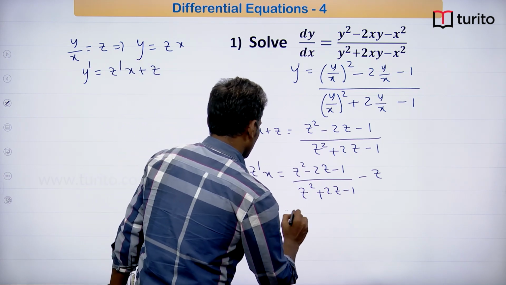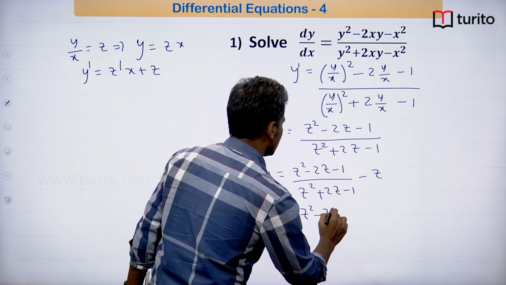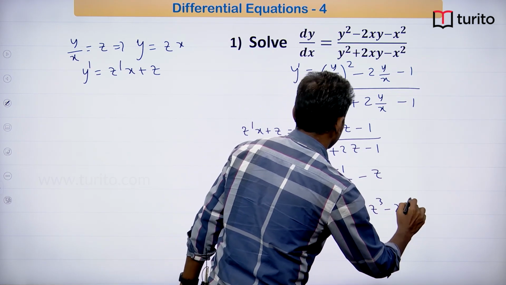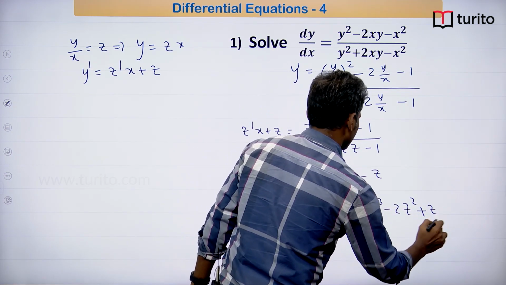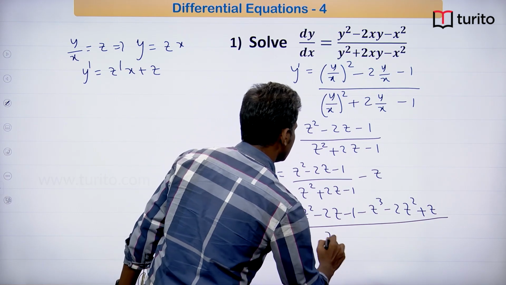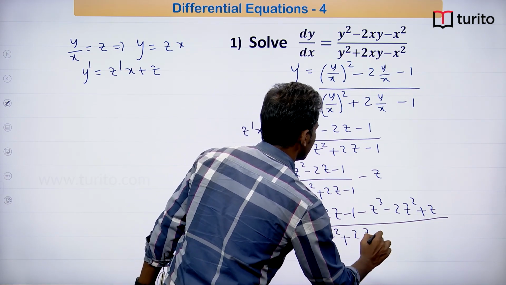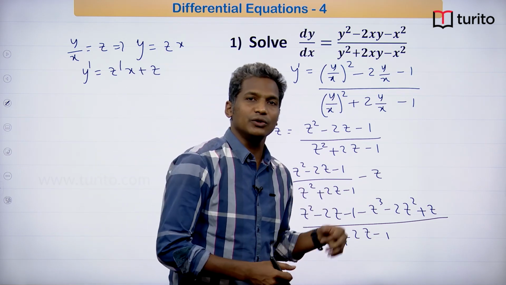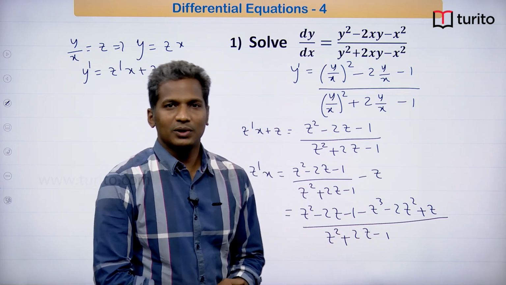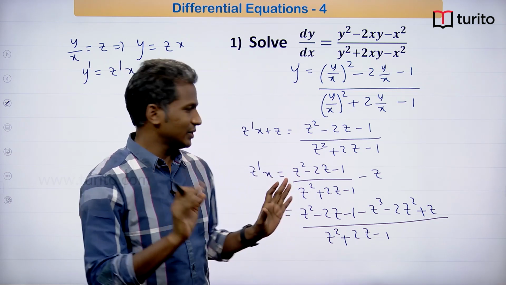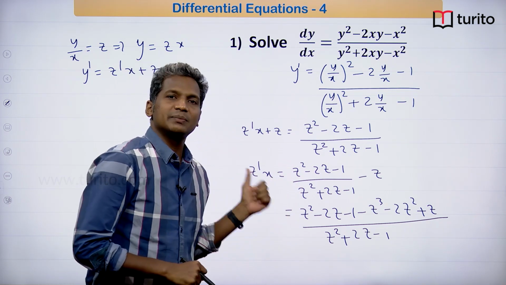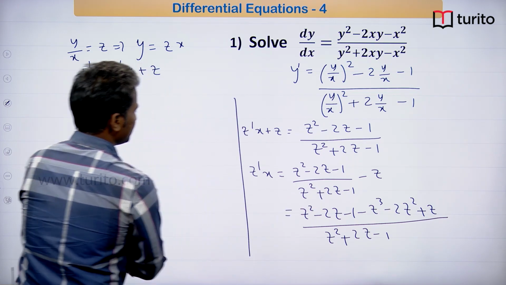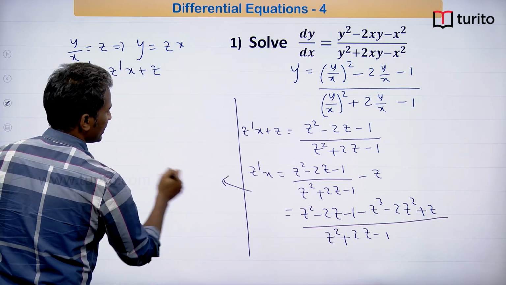Okay, so what do we get? z square minus 2z minus 1 minus z cube minus 2z square plus z, divided by z square plus 2z minus 1. Now, there is z cube in the numerator, so the problem got complicated naturally. Okay. So, that is exactly why this method is a little lengthy method. So, let me just simplify that RHS here. So, after this we are doing it here.